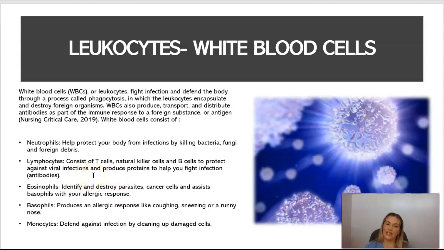You also have the eosinophils, and these help to identify and destroy parasites, cancer cells, and assist basophils with an allergic reaction response. And then we have the basophils, and this produces an allergic response like coughing, sneezing, or a runny nose. And then you have monocytes, which defend against infection by cleaning up damaged cells.